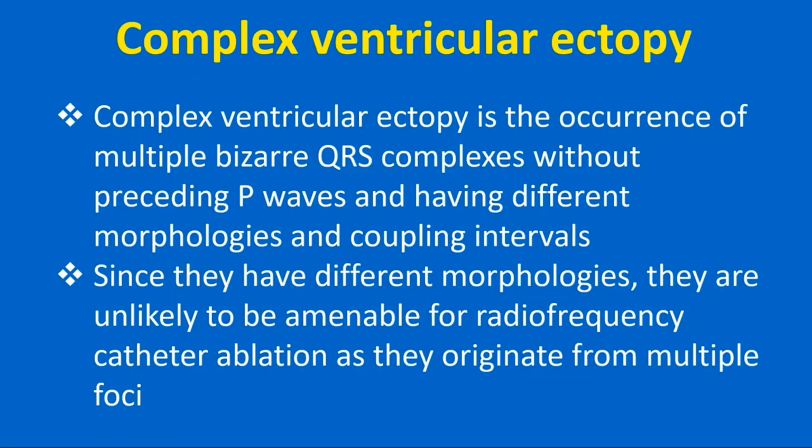Complex ventricular ectopy is the occurrence of multiple bizarre QRS complexes without preceding P waves and having different morphologies and coupling intervals. Since they have different morphologies, they are unlikely to be amenable to radiofrequency catheter ablation as they originate from multiple foci.